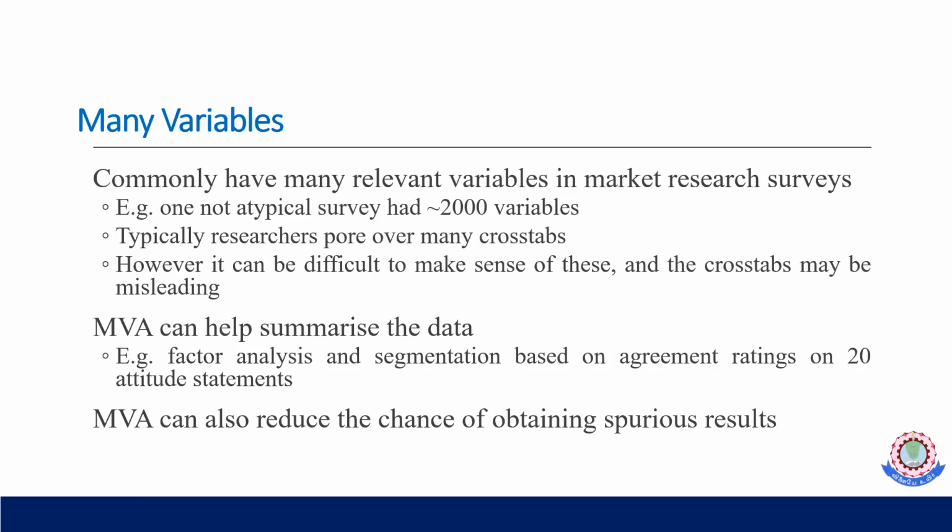Commonly, we have many relevant variables in market research surveys. For example, a typical survey can hold 2000 variables. Typically, researchers produce many cross-tabs. However, it can be difficult to make sense of these, and the cross-tabs may be misleading as well. So, MVA can help summarize the entire data.